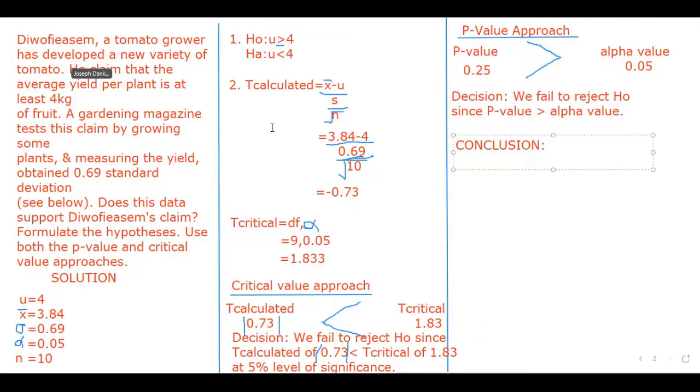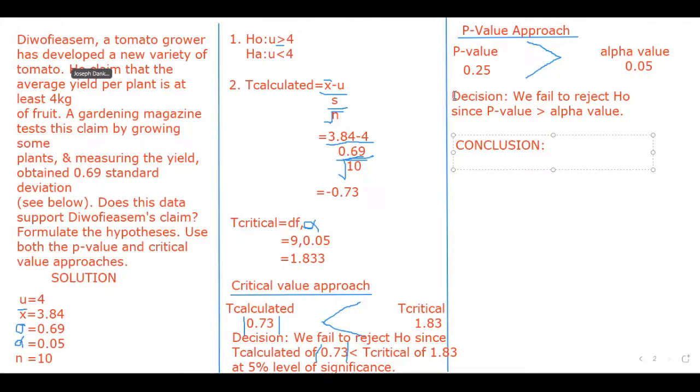If we fail to reject, that means it doesn't support the claim. Listen, we fail to reject H0, meaning we don't say that way, but we have to say that way in this circumstance. So we are accepting H0, and the H0 is saying at least. So the test supports the claim that the average yield per plant is at least 4 kilograms.